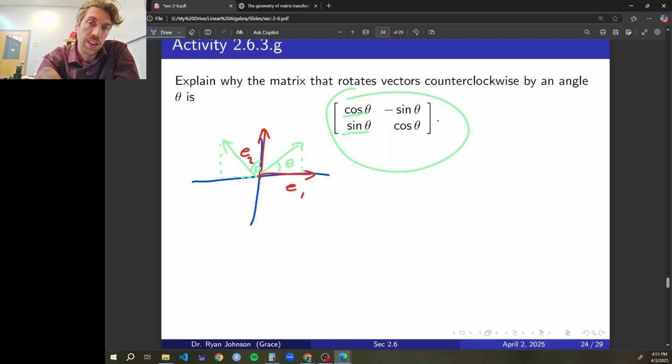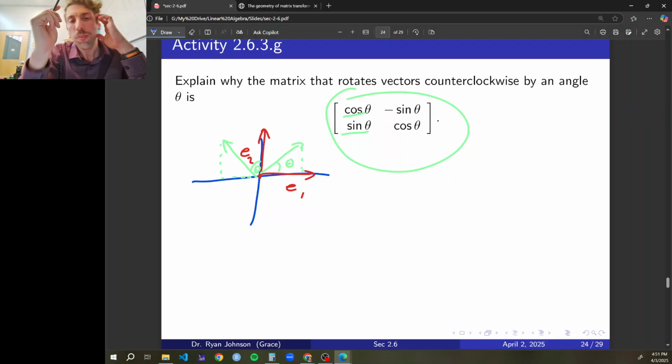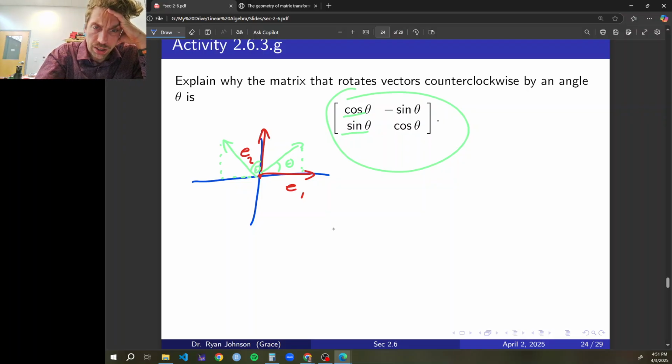And then part G, explain why the matrix that rotates vectors counterclockwise by an angle theta is cosine theta, negative sine theta, sine theta, cosine theta. Well, say I start off with the red lines here, and then I rotate it to be the green lines, and I rotate it theta degrees. Then the x component here will be cosine theta, the y component here will be sine theta, but then over here, this angle's from the positive y axis.